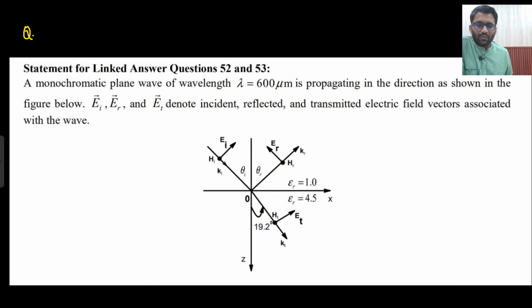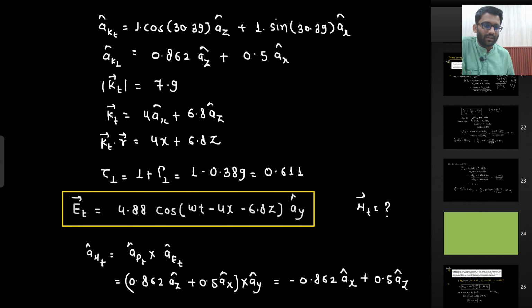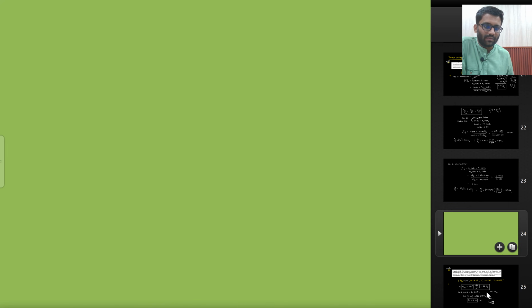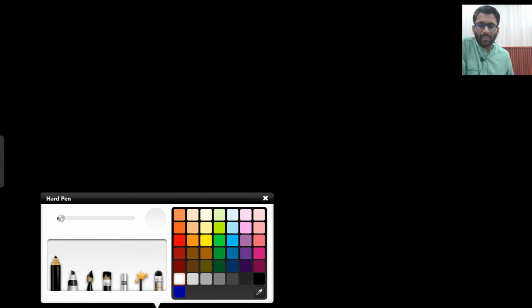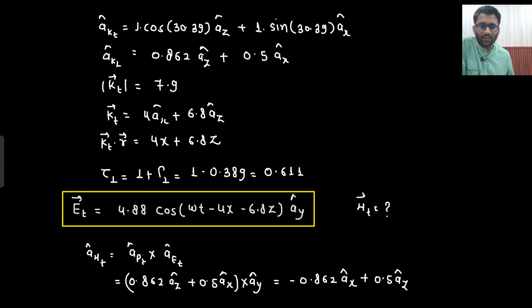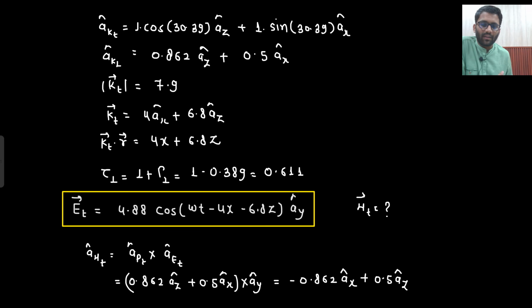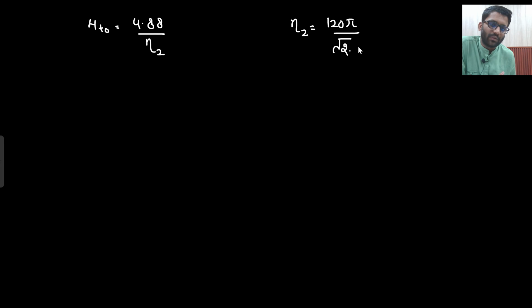Let's add another page. Okay. So now what will be my HT0? HT0 will be equal to ET0 divided by eta 2, which is 4.88 divided by eta 2. What is your eta 2? Eta 2 is 120 pi divided by the square root of epsilon r, which is 2.5.